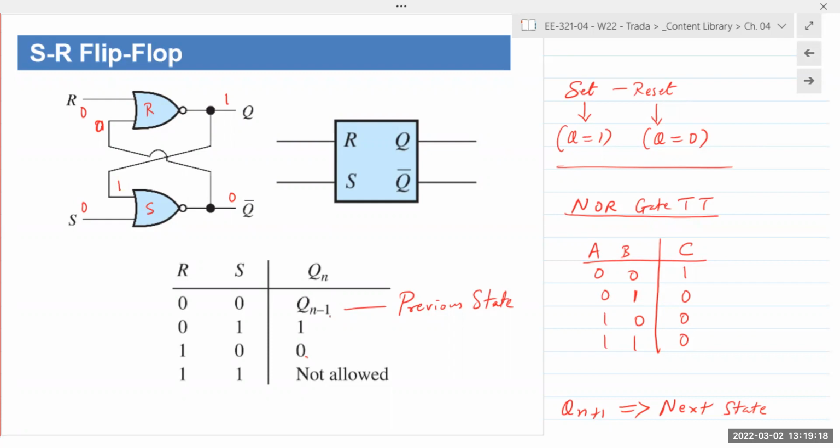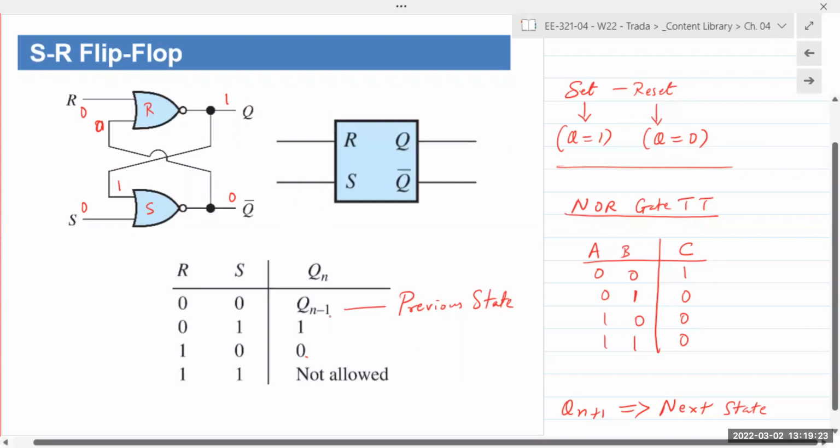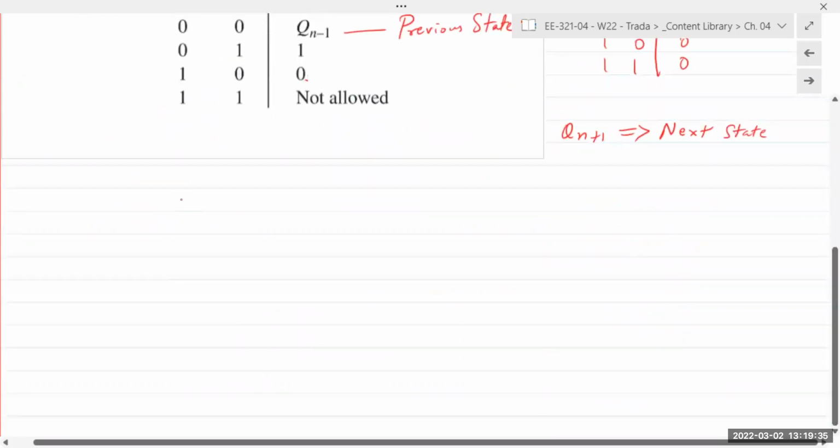Now here we have NOR gates to build our SR flip-flop. Instead of using the NOR gate, you can also use a NAND gate to build it. Similar structure, you have two gates. I won't go over the entire operation, but I'll draw it out and explain briefly. So we have two NAND gates, and again we apply feedback from the output of one to the input of the other gate.